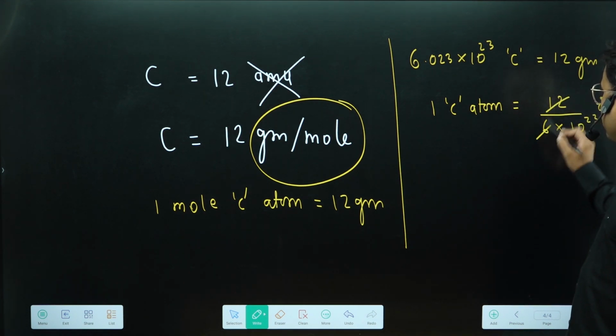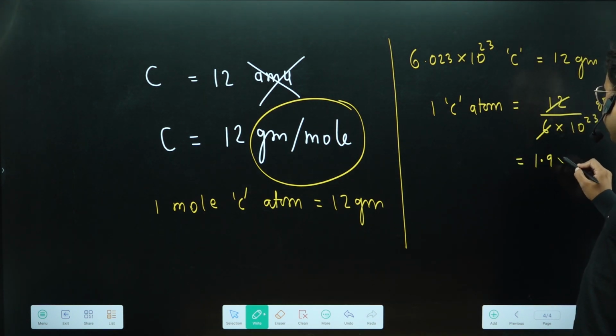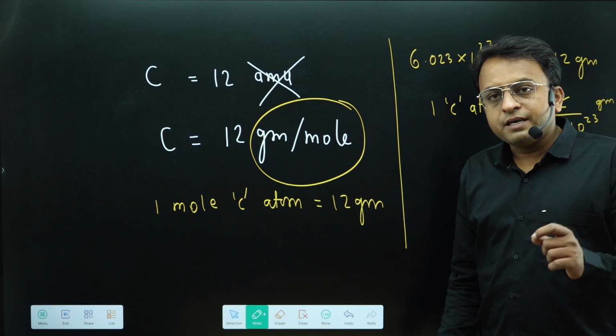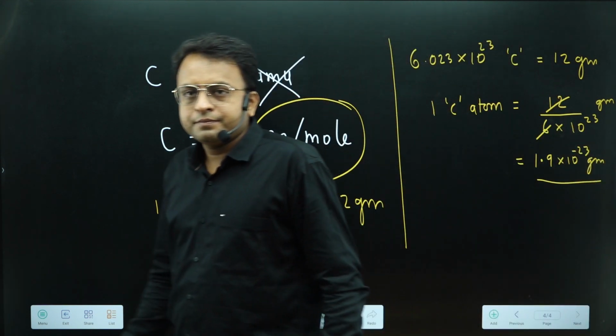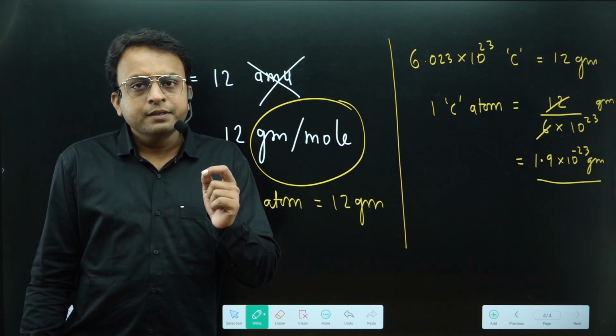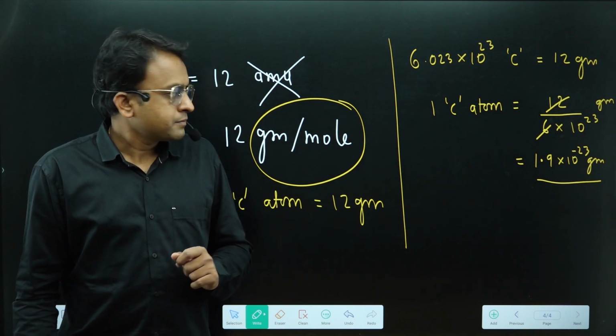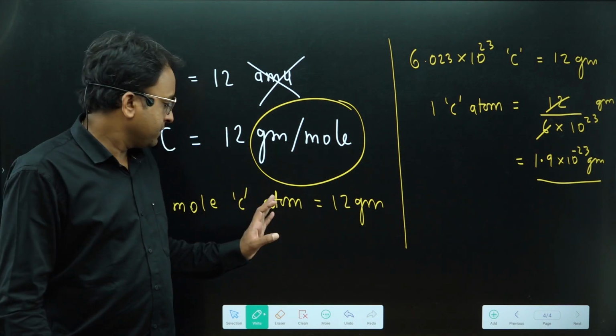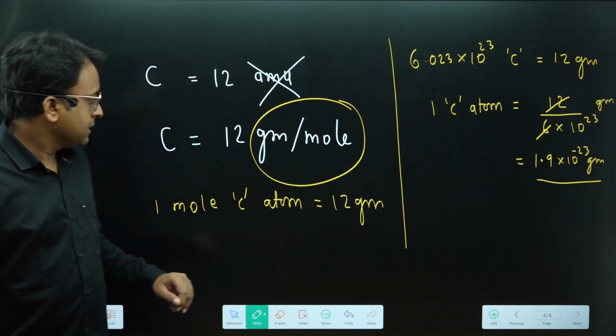So it is less than 2, about 1.9 into 10 raised to the power minus 23 gram. This is the mass of 1 carbon atom in gram. This is very, very small. So we can also find the mass of 1 atom in gram. So 1 mole of carbon atoms has a mass of 12 gram.